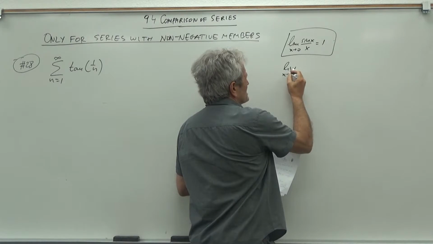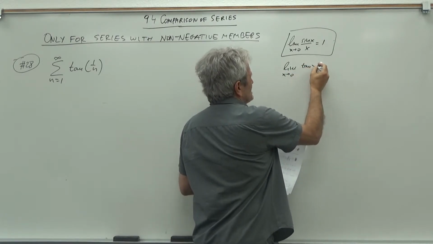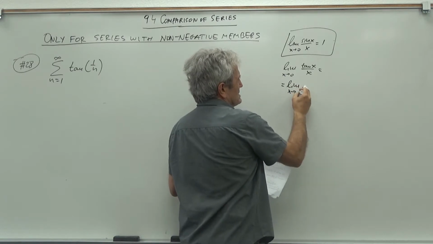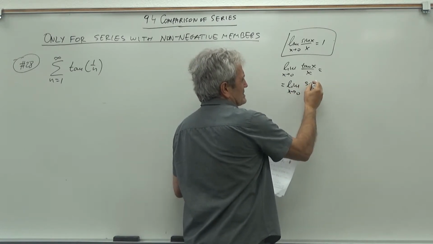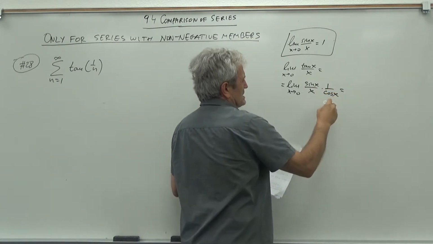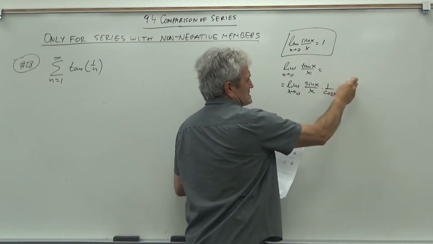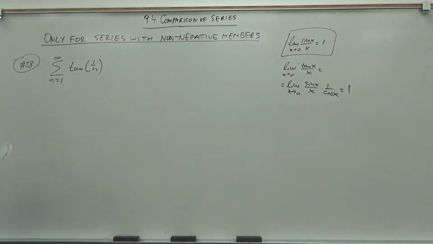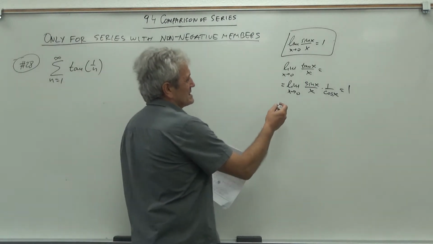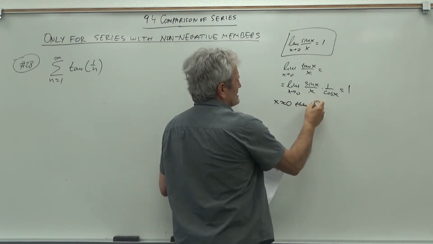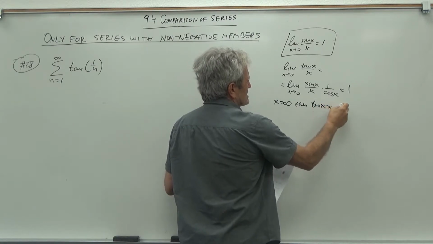The limit when x goes to 0 of tan x over x: since tan is sine over cosine, I write it as sine x over x times 1 over cosine x. This is 1 and this is 1, so the limit is 1. So if x is small, then tan x is very close to x.